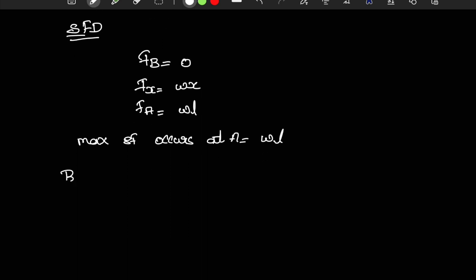Next, BMD, bending moment diagram. Moment at B is equal to 0.